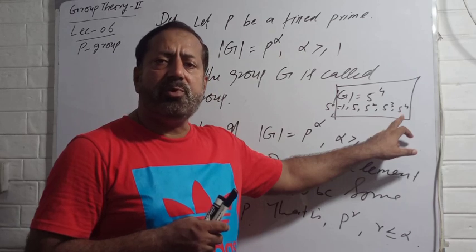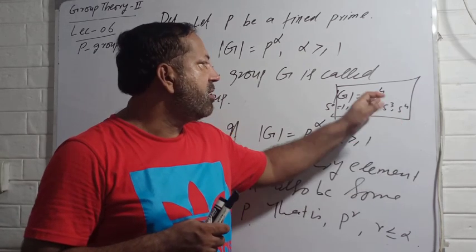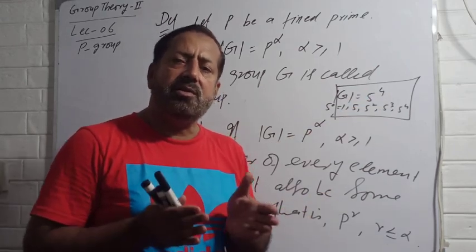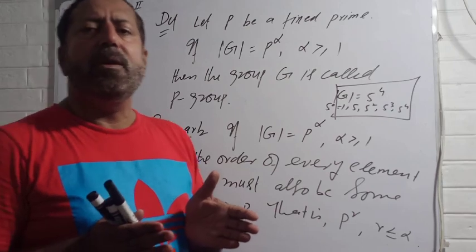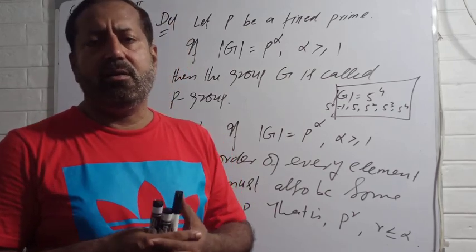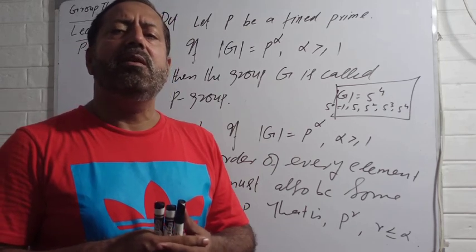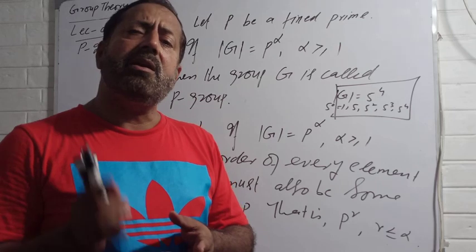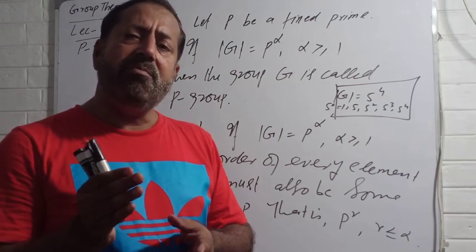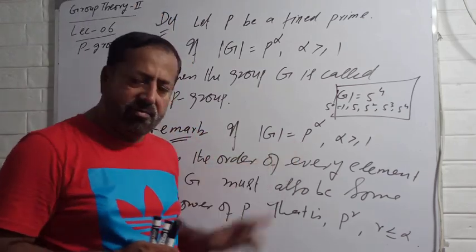So there is no possibility of the order of A being 6, because 6 is not a divisor of 5 power 4, and so on and so forth. So it's a simple consequence that when the order of a group G is P power alpha, then the order of every element of G must also be some power of the same prime P. Here P is fixed, right?